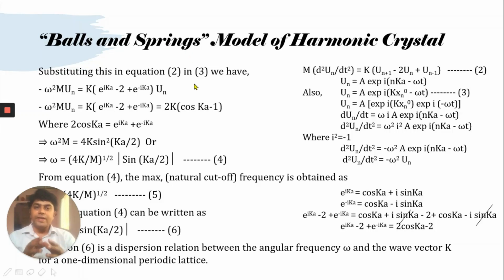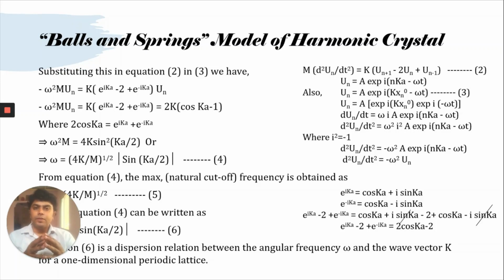Now, 2 cos ka can be written as e to the power of ika plus e to the power of minus ika, because if I take 2 as common, the 2 on the left-hand side and the right-hand side can be cancelled to obtain 2 cos ka. So I can write it as e to the power of ika plus e to the power of minus ika.